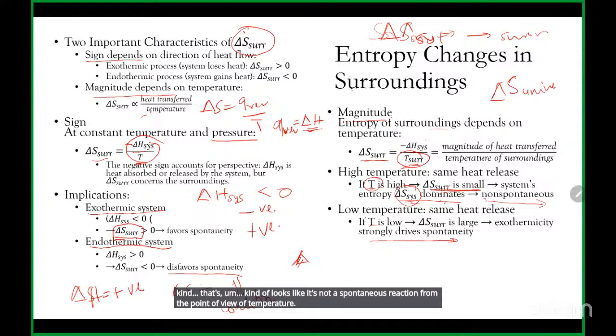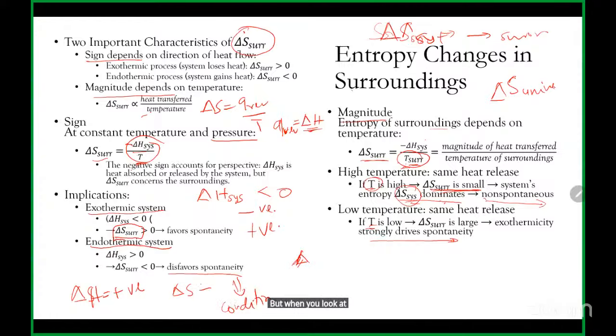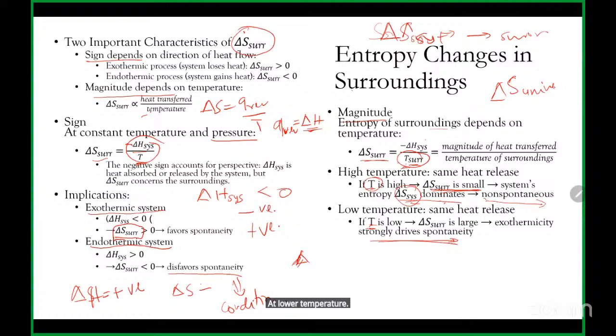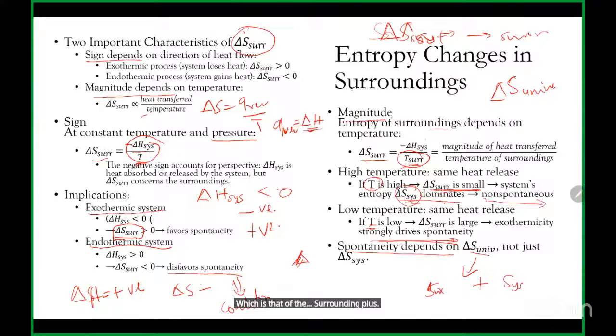But at lower temperature, something drives spontaneity, which is the magnitude of the delta S of the surrounding. So spontaneity depends on delta S of the universe, which is that of the surrounding plus system.